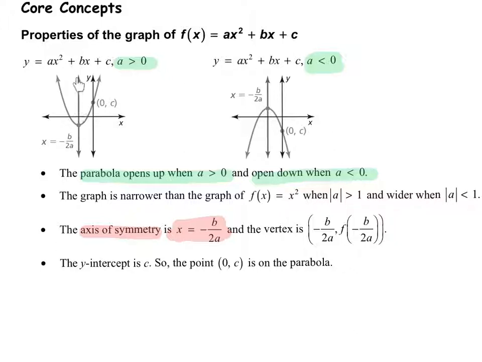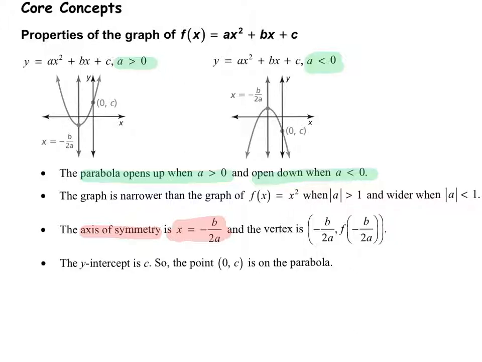Well, that's very important because if we know what the axis of symmetry is, then we'll know what the x value of our vertex is, and from there we can find our y value. Because the y value is just taking the x value as an input to our function. So if we got, let's say, negative 2 as our x value, we would take negative 2 and substitute that into the equation for our x's.